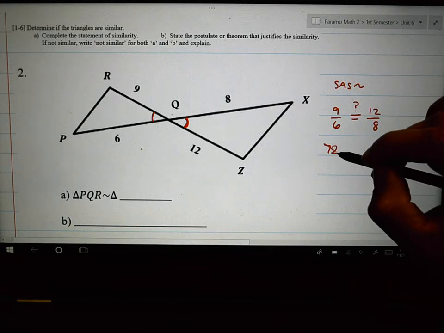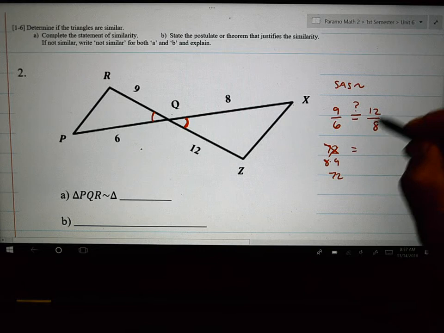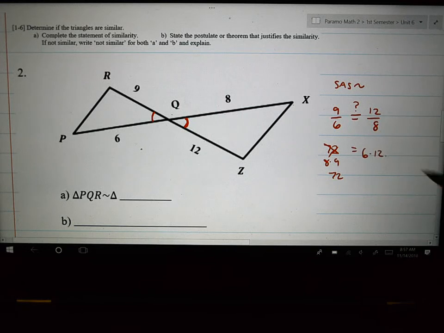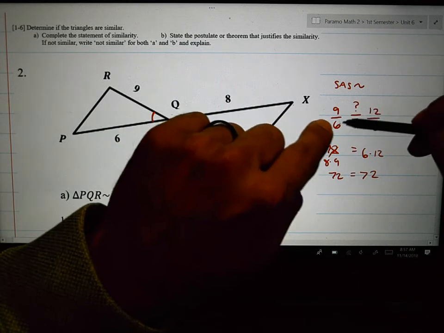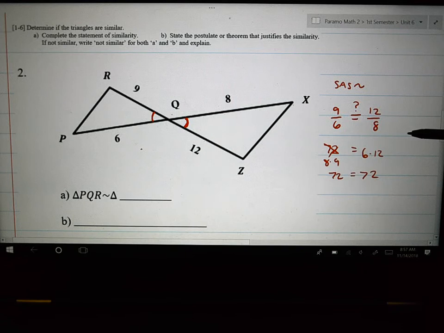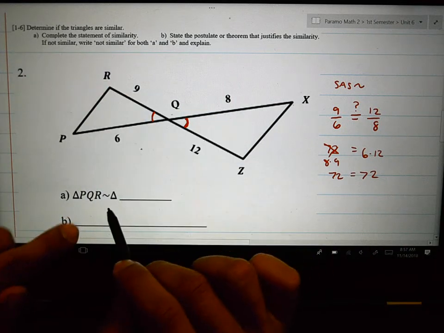Let me actually write that down. 8 times 9 is 72. We do this one. 6 times 12. What is 6 times 12? Are those equal to each other? Then that means that this is the same proportion as that. Are these 2 triangles similar? Yes, they are.